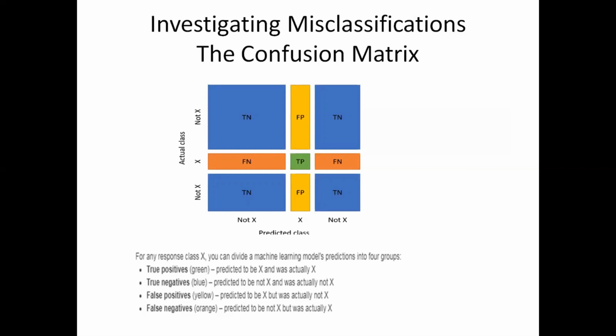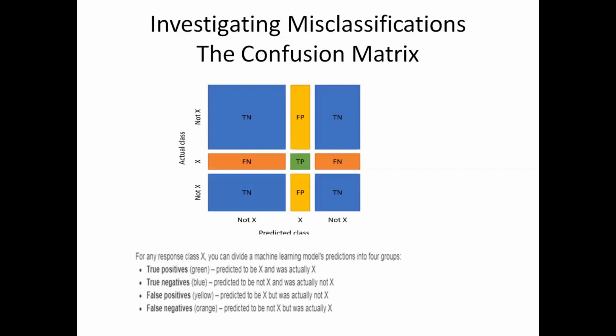They are the true positive category, the true negative category, the false positive category and the false negative category. What I mean by these 4 categories is, a true positive is one where what is predicted to be class X actually belongs to class X. True negative is a data point which is not actually class X, and it is not predicted as class X either.